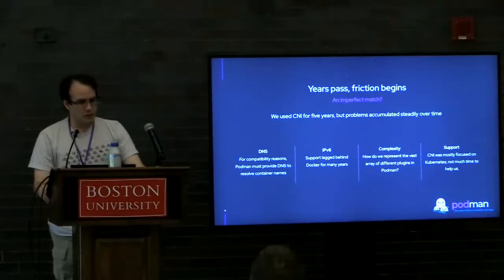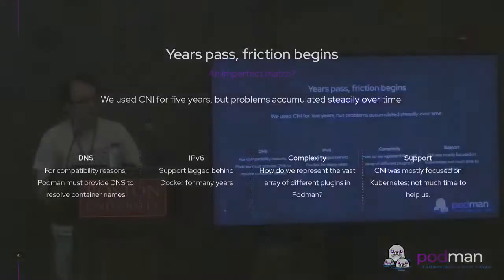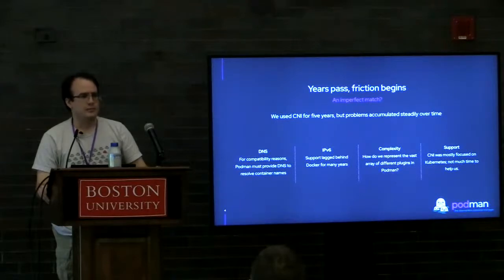And talking more about complexity, CNI has quite a bit of it. We care only about a very few CNI plugins, but there are a lot. Stuff like Flannel. And what happens when you put a Flannel network in a Podman container? Well, it should work. CNI would like to do that. But we also have Podman tools to create networks, to inspect networks.